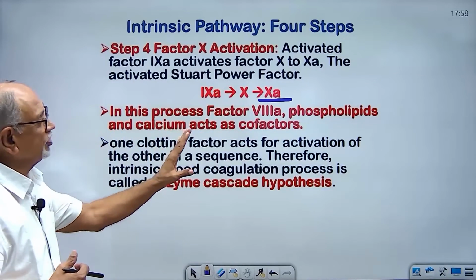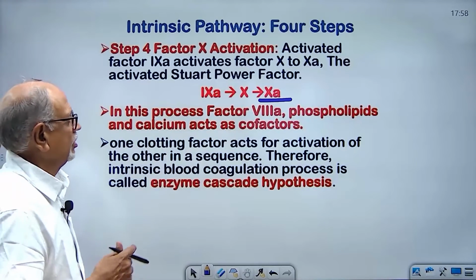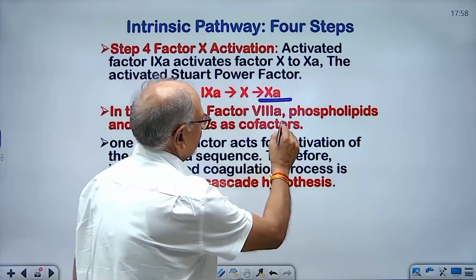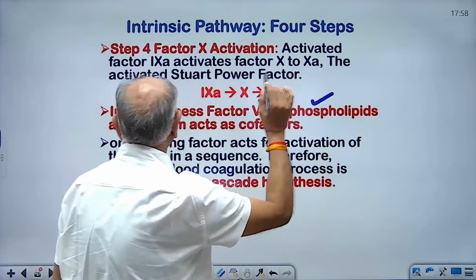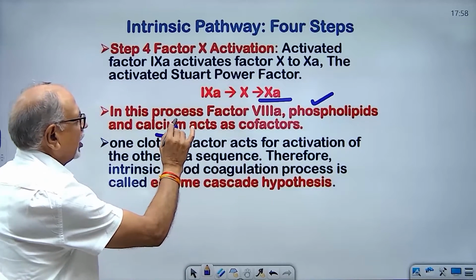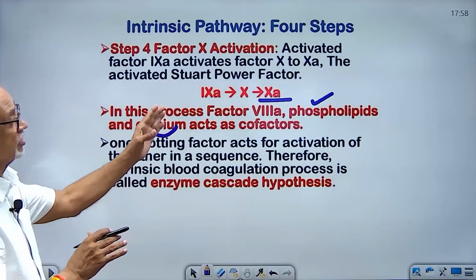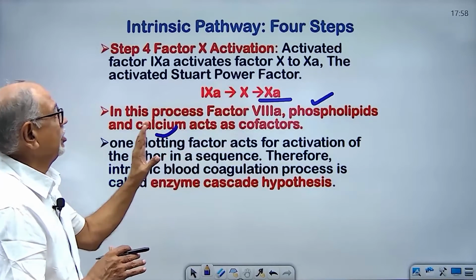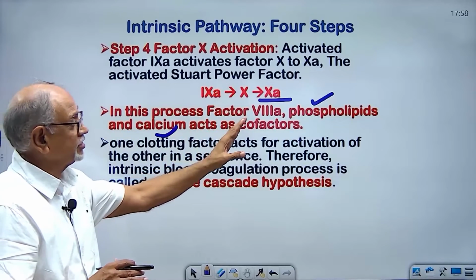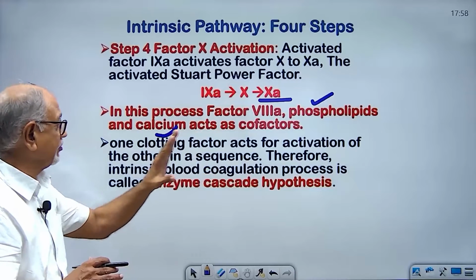In this process, factor 8A, that is the activated form of factor 8, phospholipids, and calcium ions act as cofactors in the conversion of factor 10 into factor 10A. All these act as cofactors.